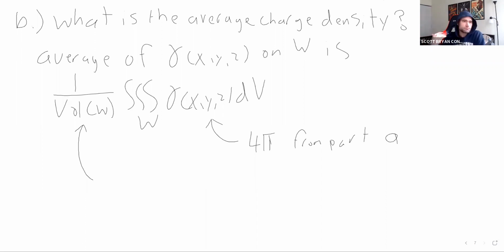We need to actually calculate that one. But in this case, I'll remind you in case you forget how to do this. The volume of some three-dimensional region is just the integral over that region of the constant function 1.